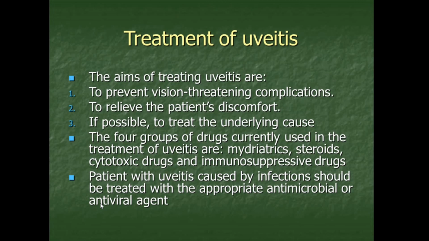Four groups of medicine are usually used in uveitis treatment: mydriatics, steroids, cytotoxic drugs, and immunosuppressive drugs. And if we know the cause, we should use antimicrobial or antiviral agents.